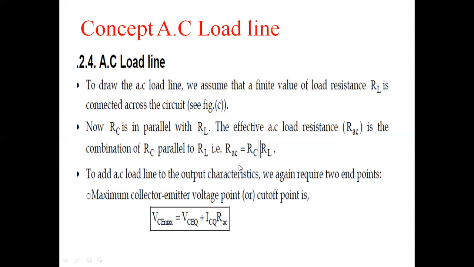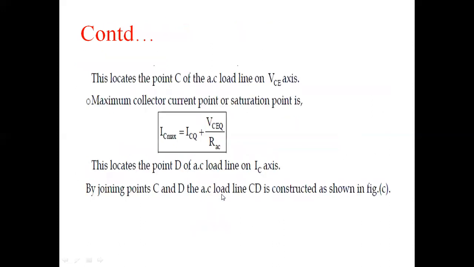Under AC conditions, the coupling capacitor can be considered as a short at the frequency of operation. As a result, a new load line needs to be drawn on the output characteristics to determine collector current and collector voltage for a given input excitation. This line is called the AC load line.